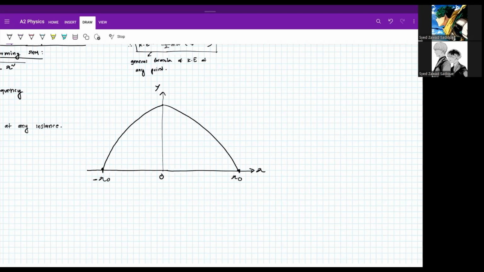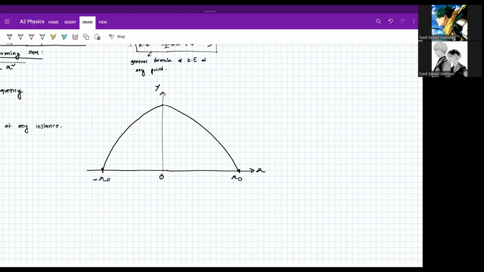Similarly, kinetic energy is the opposite. Sorry, this is kinetic energy because kinetic energy at maximum amplitudes is 0, and kinetic energy is maximum at the reference point or the baseline. Now potential is the opposite of kinetic energy.